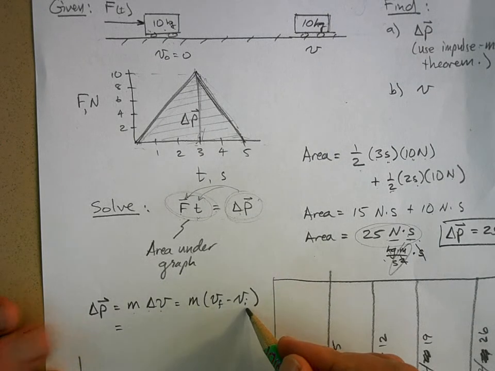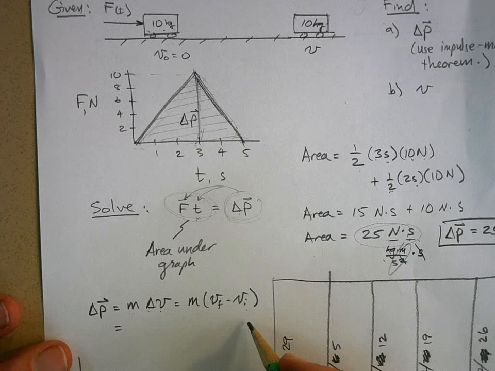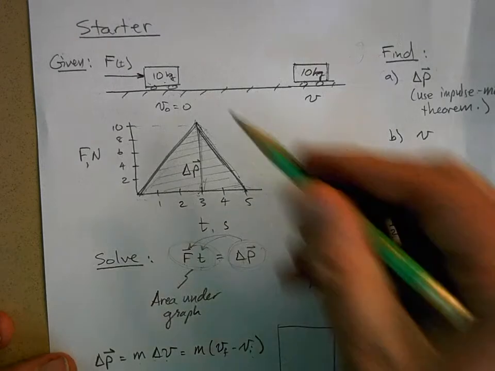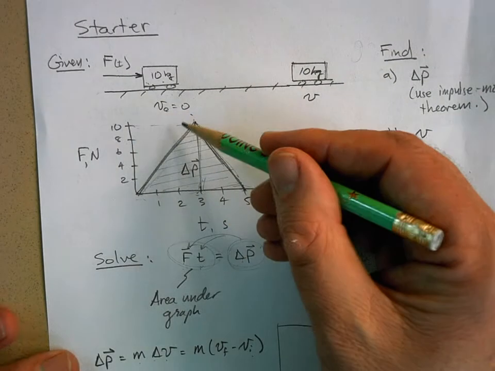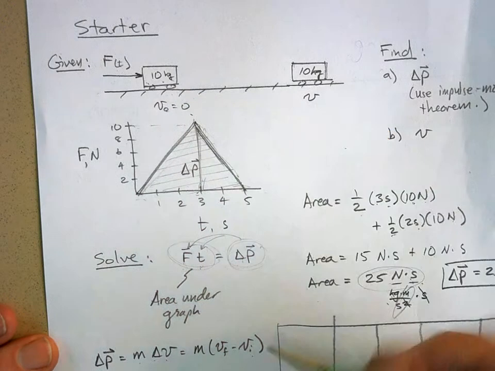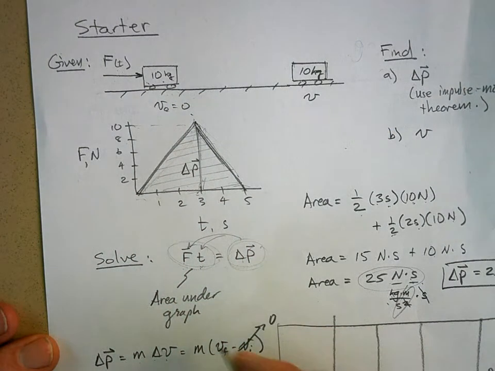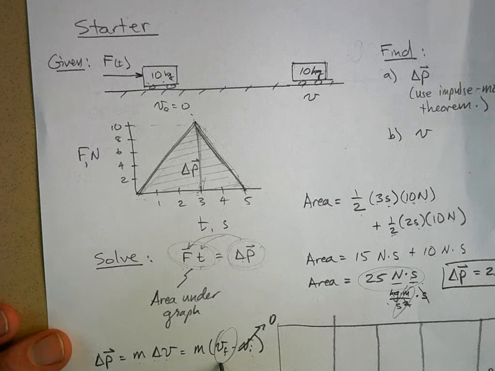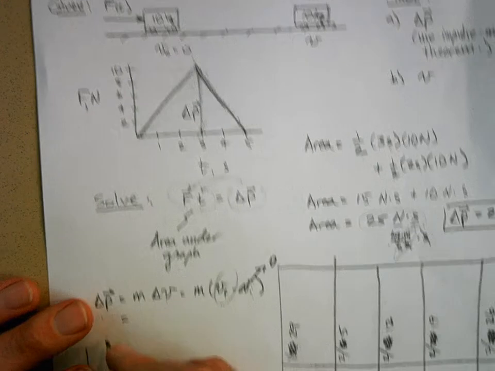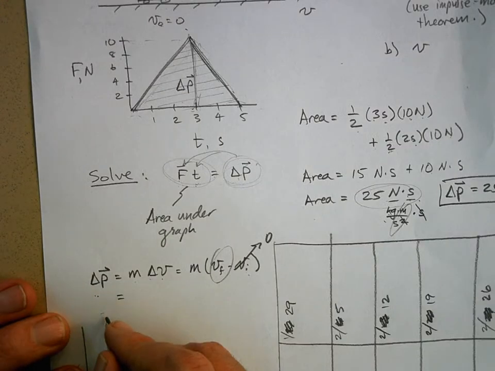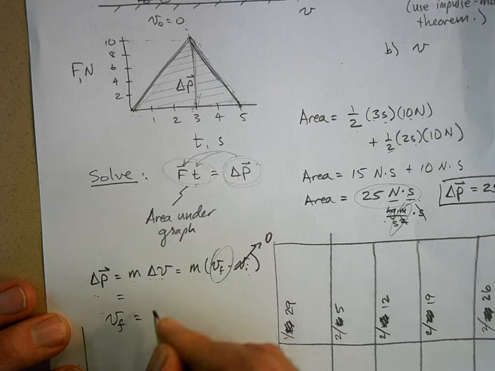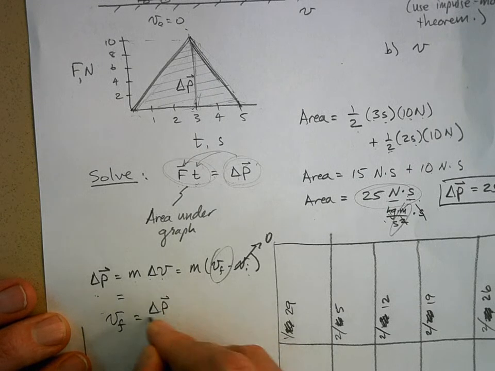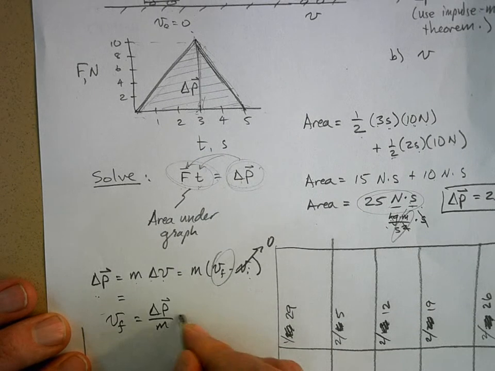But what is V initial in this problem? What do we say the initial velocity was? Up here we called it V sub 0, but the initial velocity is 0. So here's my final velocity right here. All I have to do to find it is divide the change of momentum by the mass. So the final velocity is going to be equal to the change in momentum over the mass.